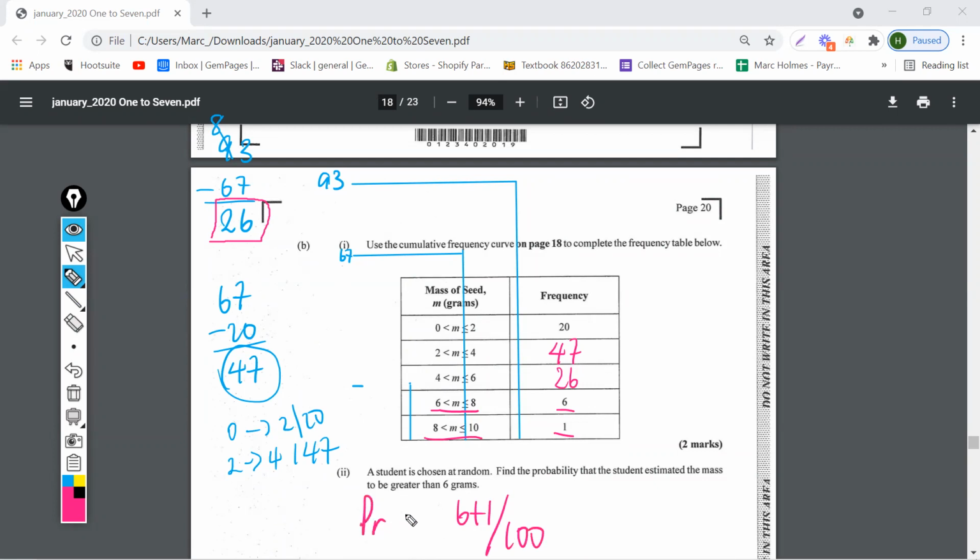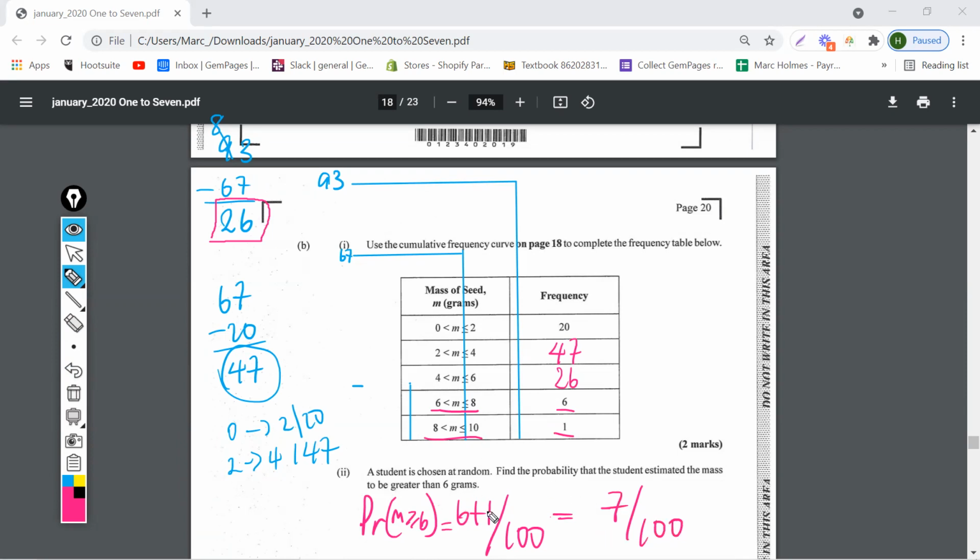That's what the probability always is. Let's call this the probability of X greater than or equal to 6. This ends up being 6 plus 1 over 100, which is 7 over 100. So that's the probability, guys.